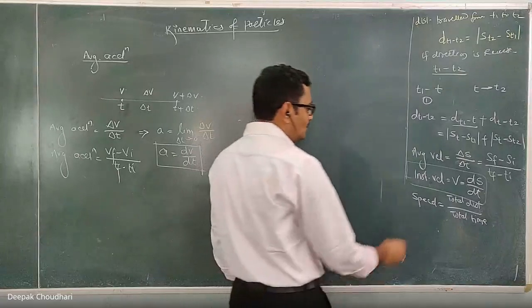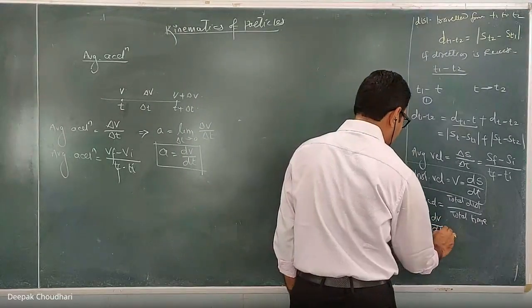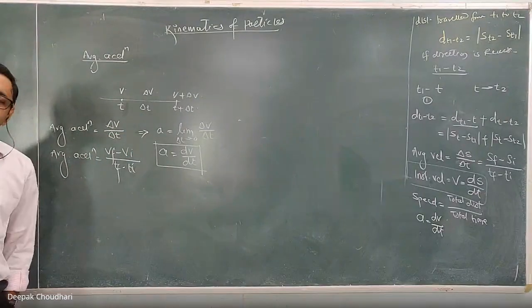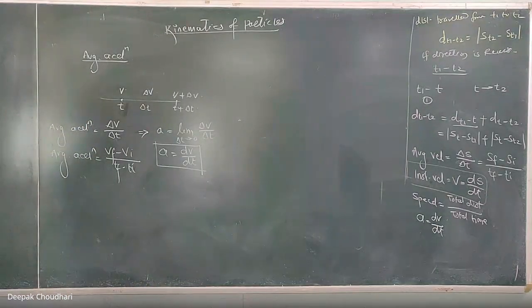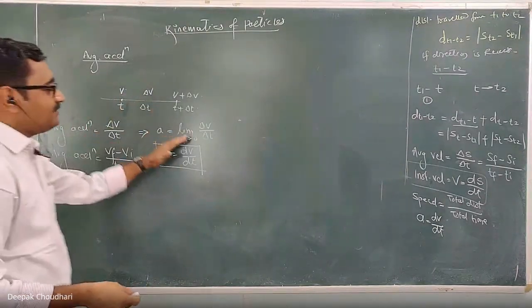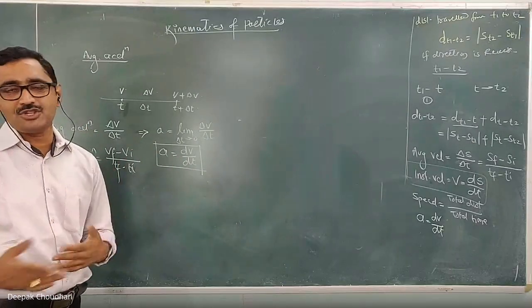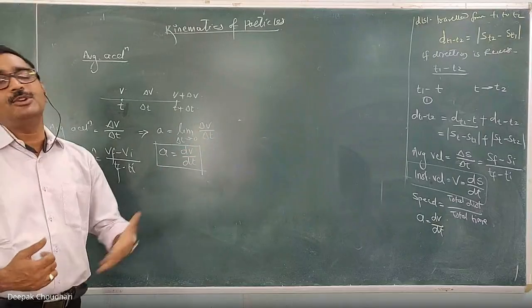So acceleration is the rate of change of velocity with respect to time, and average acceleration is the change in velocity upon change in time. If you know any equation of velocity, then by differentiating that equation we can get the equation of acceleration, and with its help we can calculate the acceleration of the particle at any time during that motion.